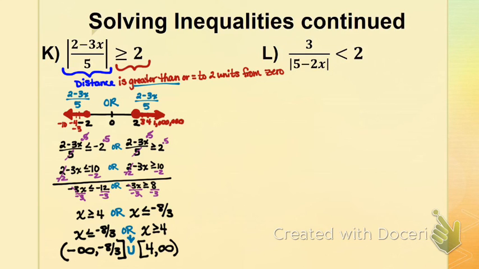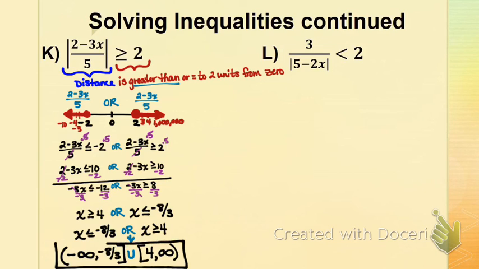Is my absolute value isolated here? No. That's the first thing I should do, is get my absolute value isolated so that I'm talking just about distance. How can I get that absolute value out of the denominator? How can I get anything out of a denominator? Multiply. Let's multiply both sides by that absolute value.